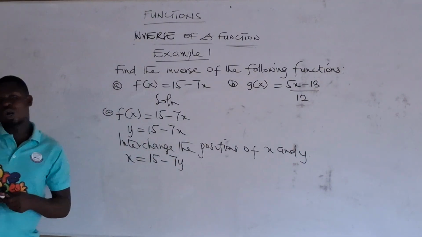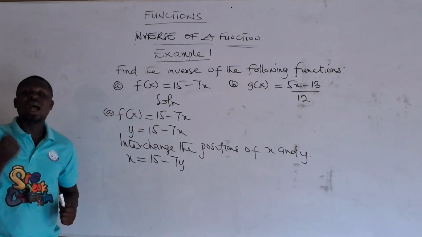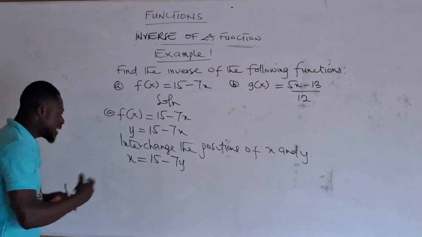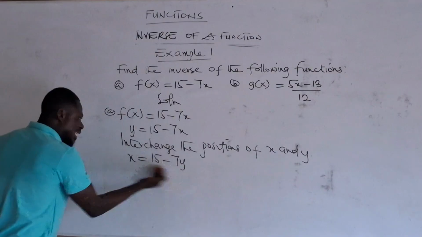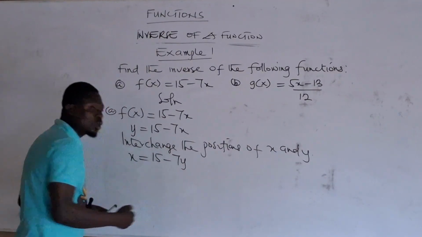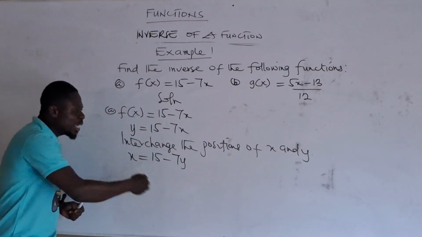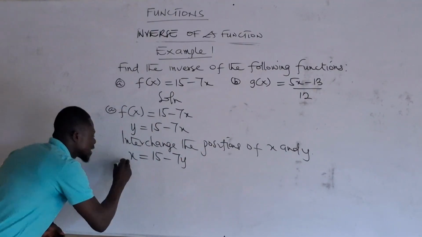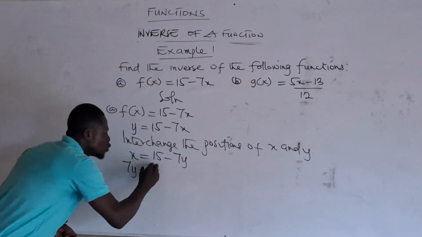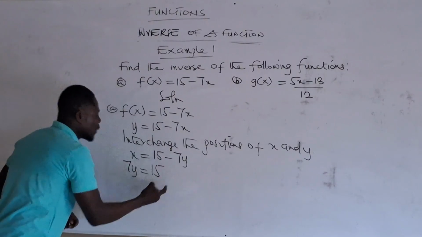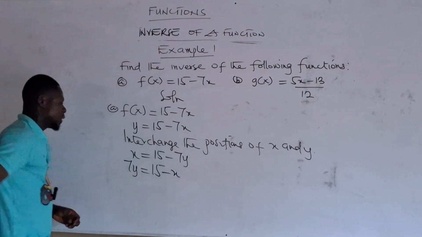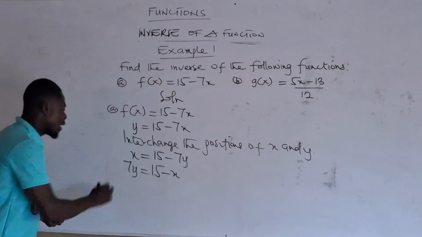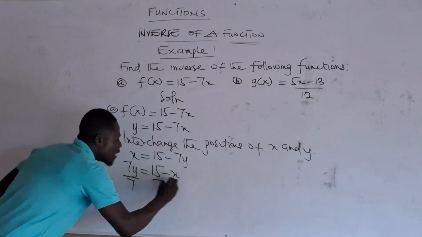At this point, what do we do next? We make y the subject. So let's see. The terms over here, it is only this that contains y. Because it is being affected by a negative sign, let's bring it here. So you have 7y is equal to, the 15 was maintained, the x is going there, minus x. How do we find y? We divide here by 7, here by 7.